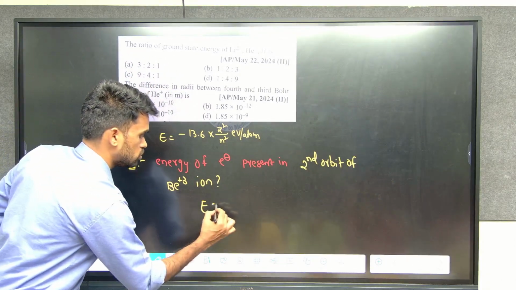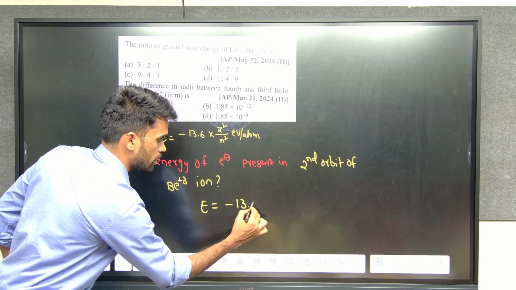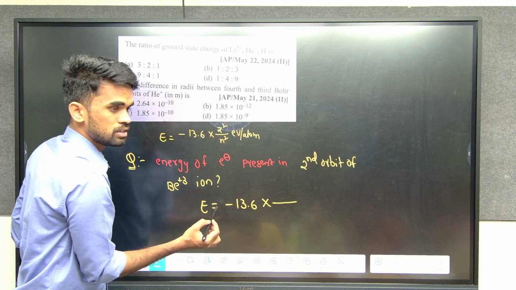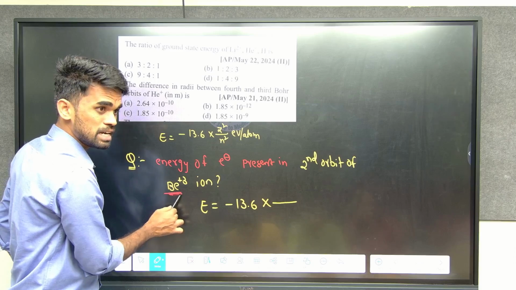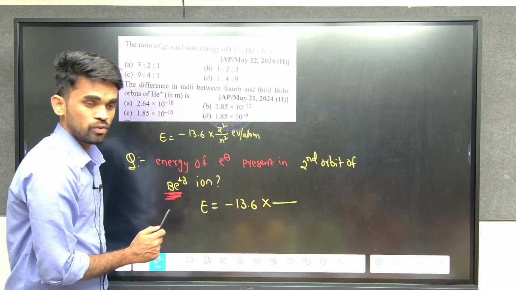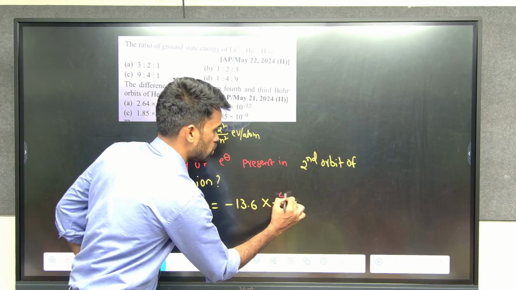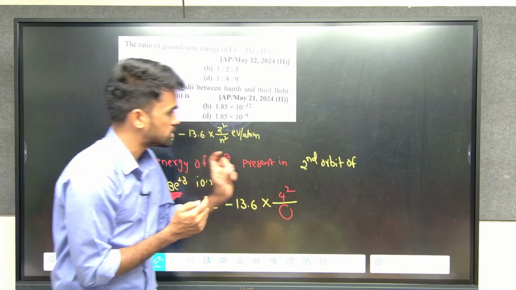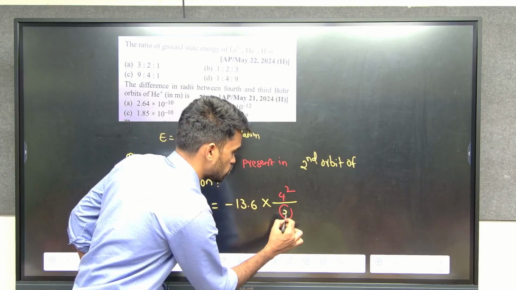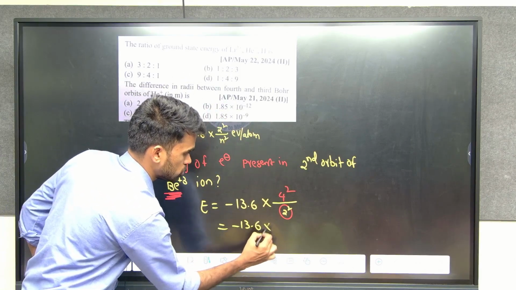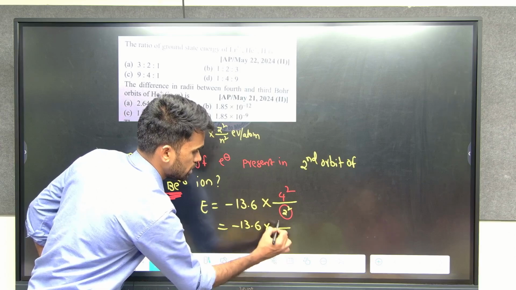E is equal to minus 13.6 into Z. What is Z? What is the atomic number of this element? 4. So Z square is 4 square, and here N square. What is the N value? 2 square. So minus 13.6 into 4 square, that is 16, over 2 square, which is 4.